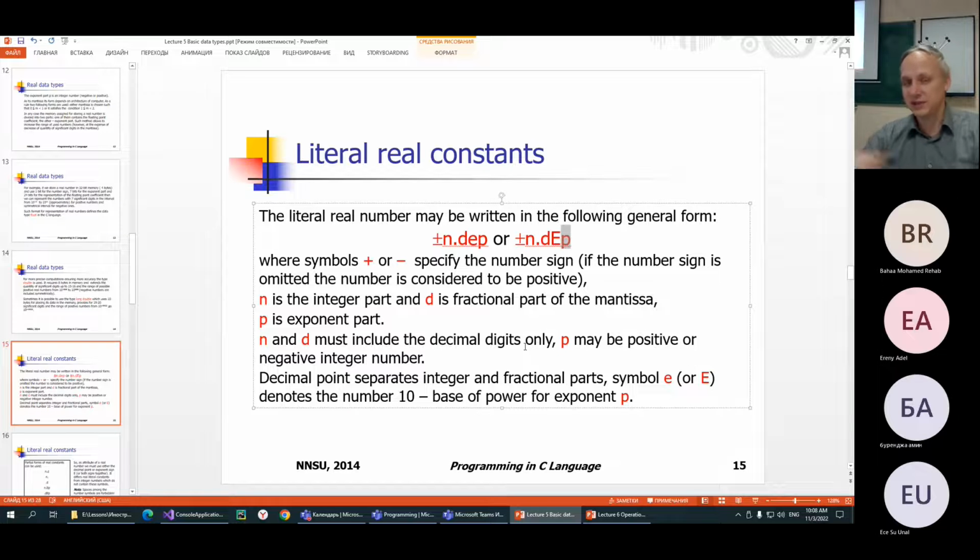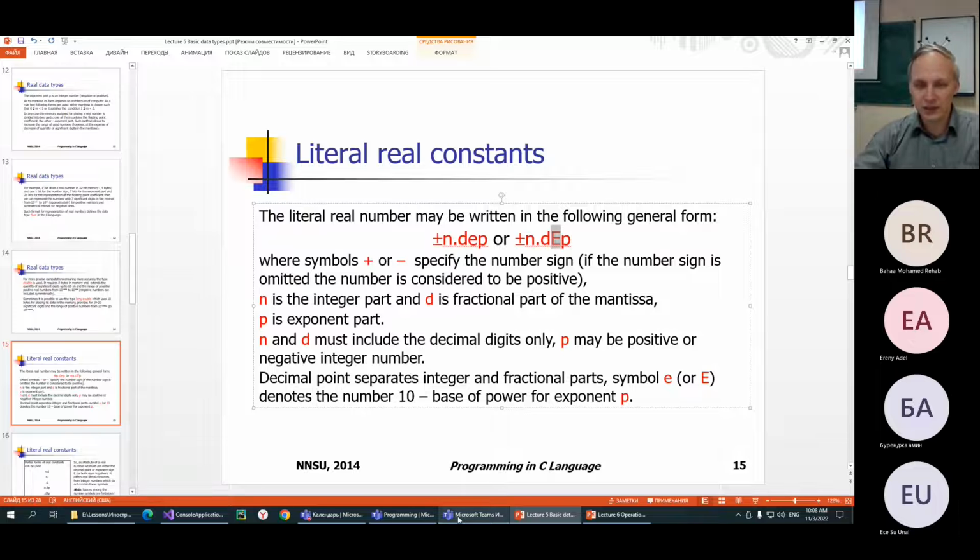Plus or minus specifies the sign. N corresponds to the integer part, d corresponds to the fractional part, and p corresponds to the power, the exponential part. And the symbol e means 10 to the power p.